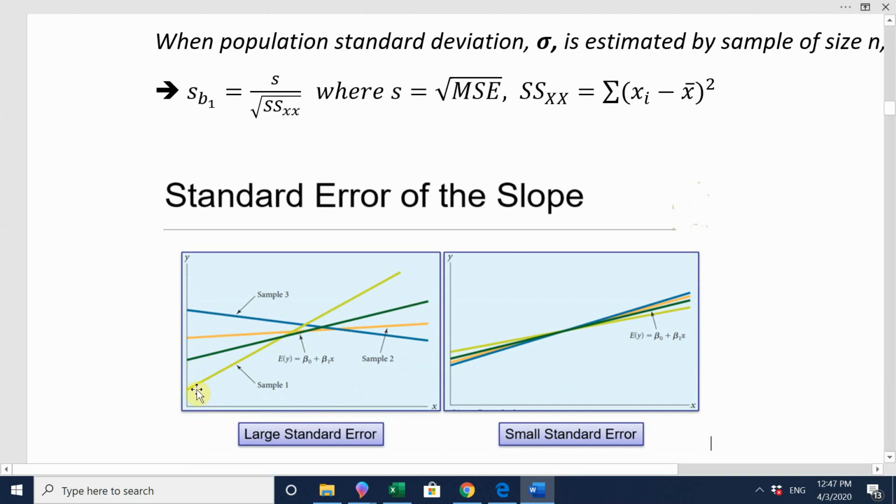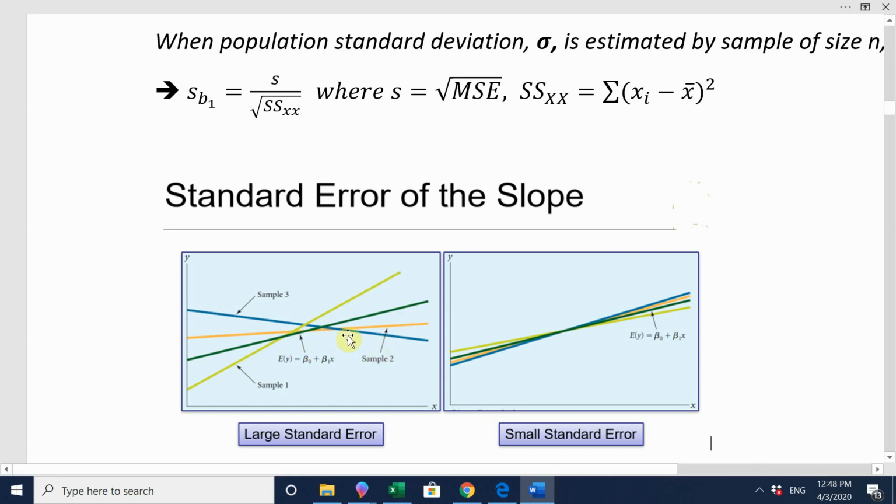So here we've got a first sample of size n. That's the light green line, and it's giving me a slope, an estimated slope B1 that yields such a line. So this is one of the many B1s that is potentially estimated over here.